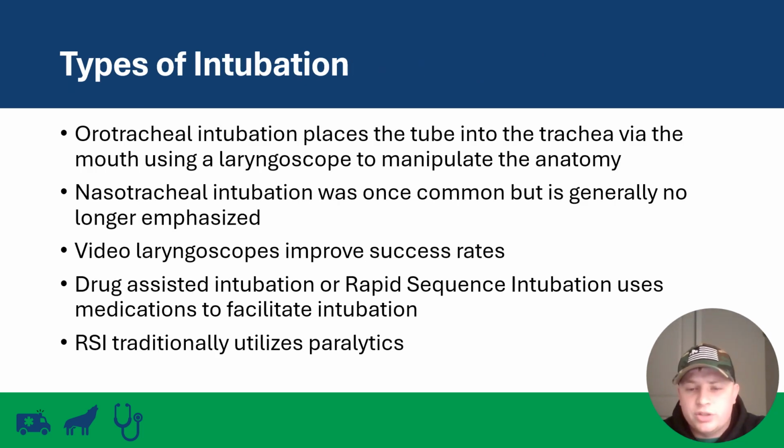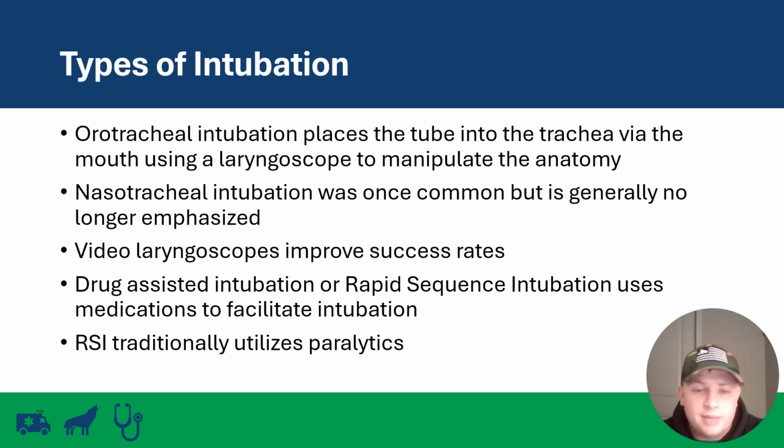So here we're going to go over some different types of intubation. The most common is oral tracheal intubation. That's where you place the tube into the trachea via the mouth, and you use a laryngoscope to manipulate that anatomy. Nasotracheal intubation used to be more common, but generally it's no longer emphasized. With the use of non-invasive ventilation like CPAP and BiPAP, there's really no reason to need to nasotracheal intubate anybody.